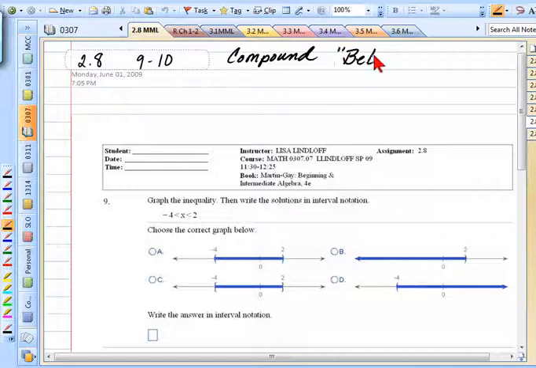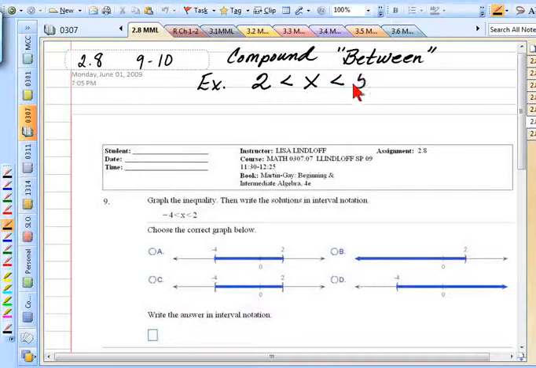In the between notation, you get an inequality that looks kind of like this: 2 is less than x, which is less than 5. And what that means is x represents any number between 2 and 5. So what are some numbers that are in this between set? 3 and 4. Those are the whole numbers between them.